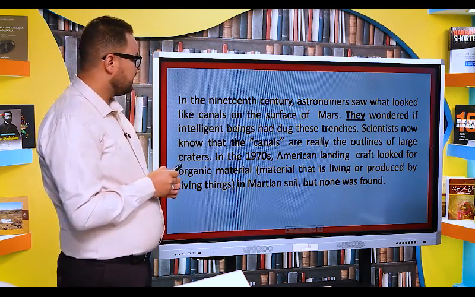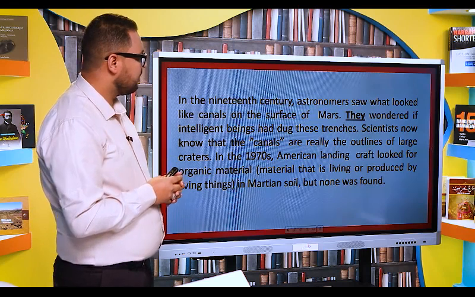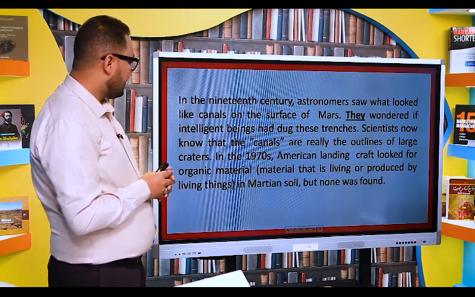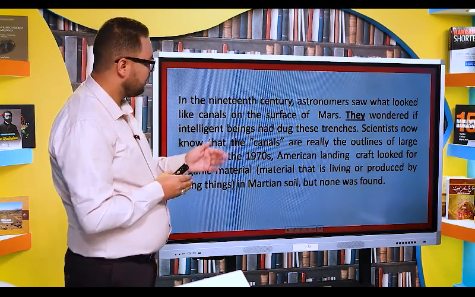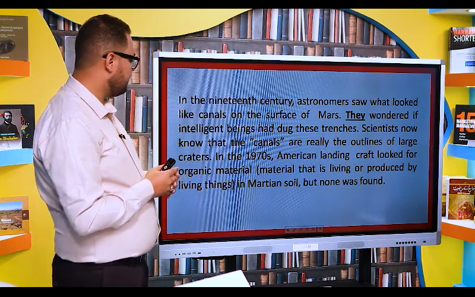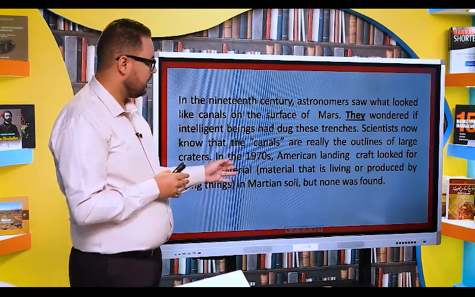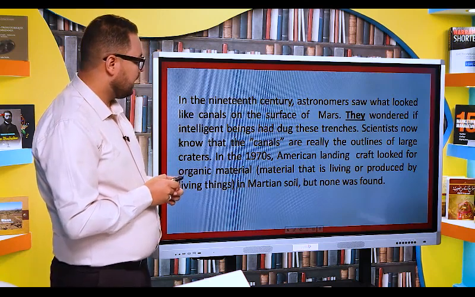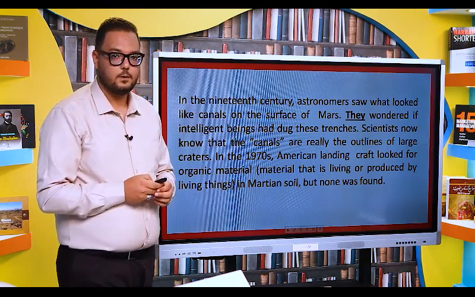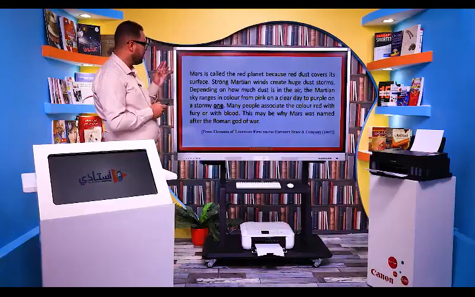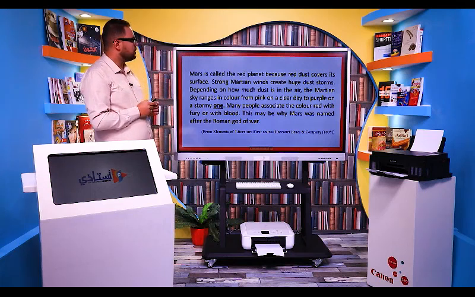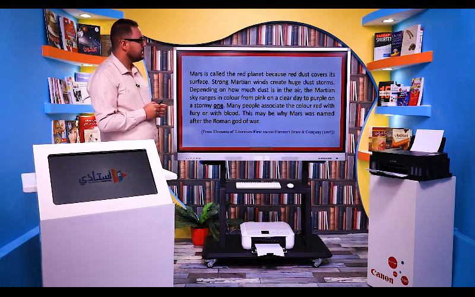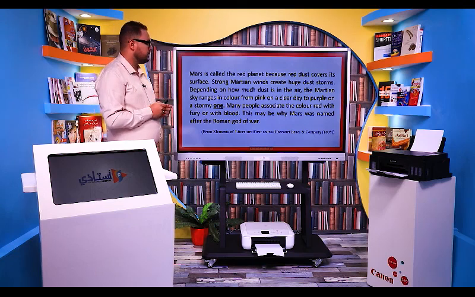In the 1970s, American landing craft looked for organic material, or material that is living or produced by living things, in Martian soil, but none was found. This is the second paragraph. Mars is called the red planet because red dust covers its surface.